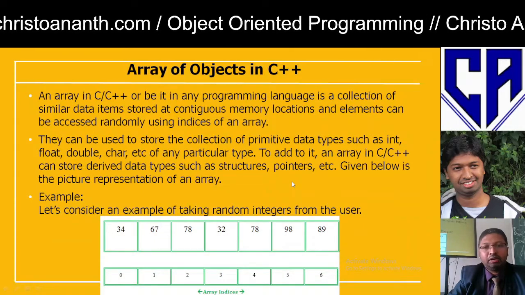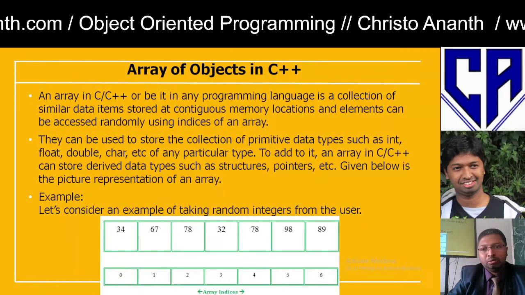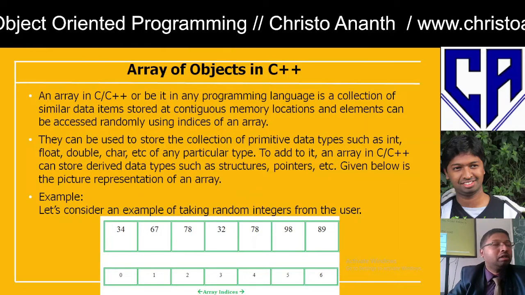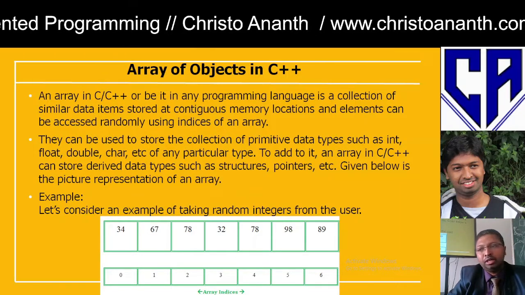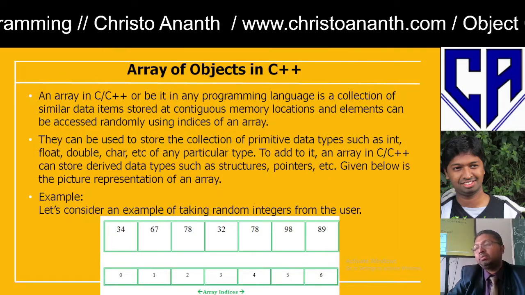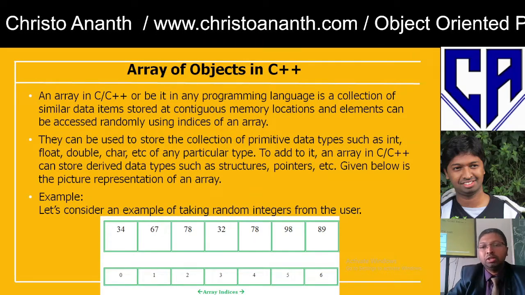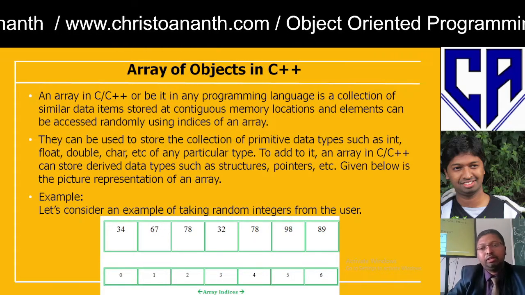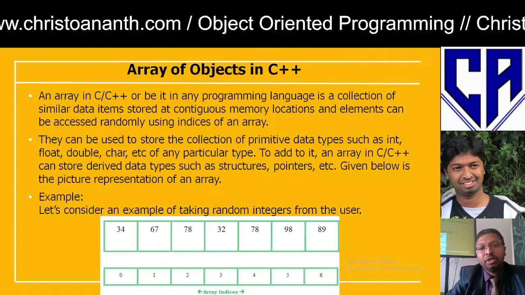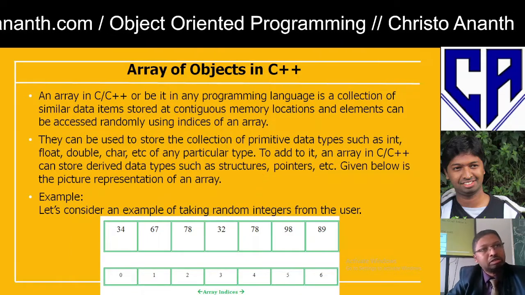So this is an array of objects in C++, where you collect data of different data types, maybe integer, floating point, or double. You can also use character data types. You can even work with structures and pointers.